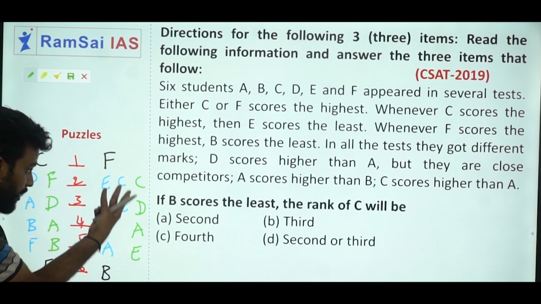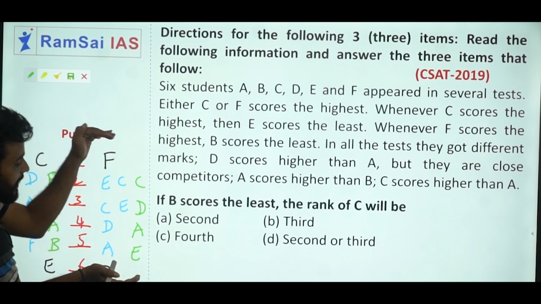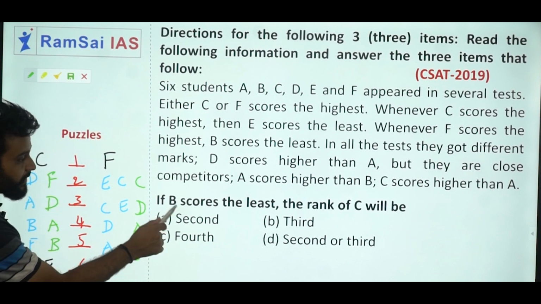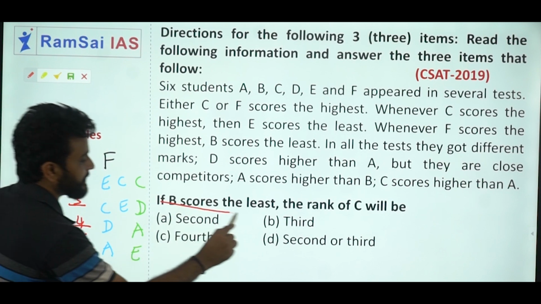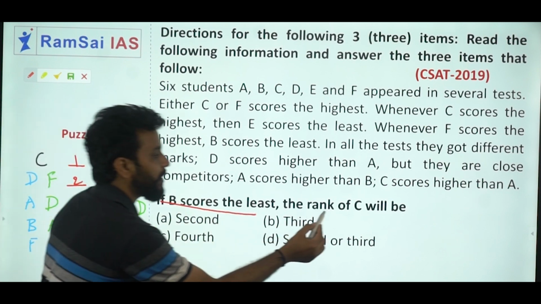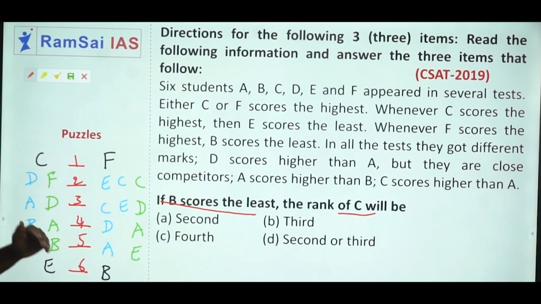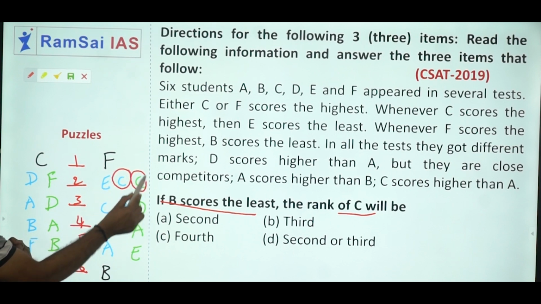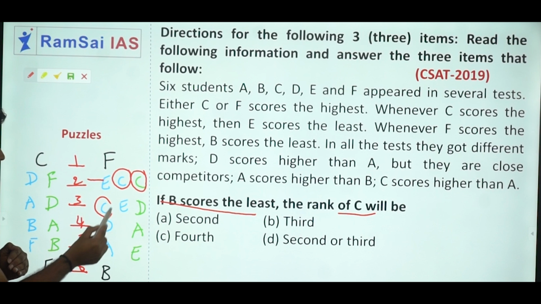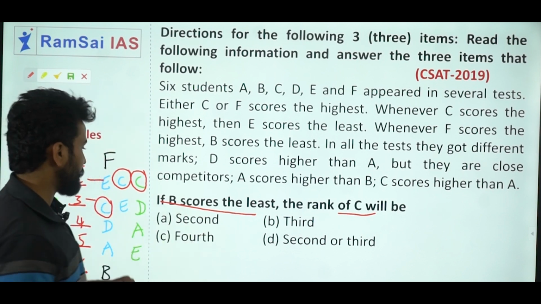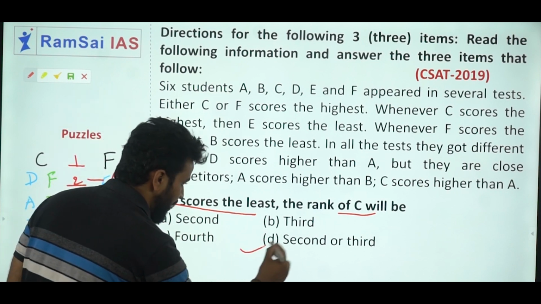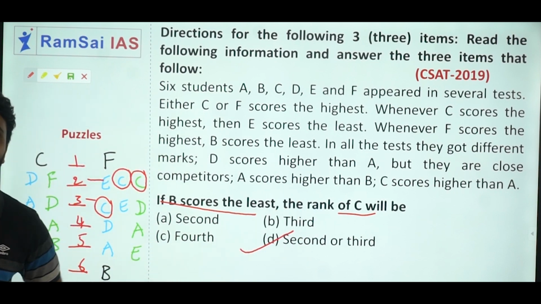In this case, what is the rank of C? Here the rank of C, in 2 cases it is 2, in 1 case it is 3. So my answer will be either 2 or 3, second or third.